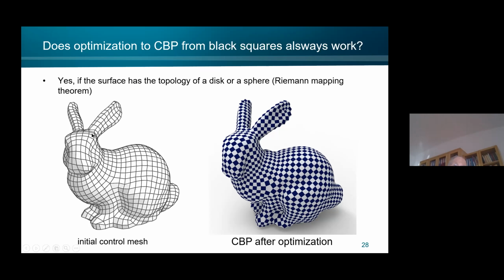So if we have an initial quad mesh, which would be associated with a checkerboard pattern from parallelograms, we can optimize towards squares, which would give again a conformal parameterization. And this is possible due to the Riemann mapping theorem and due to the fact that for sphere topology, we have only one conformal class.